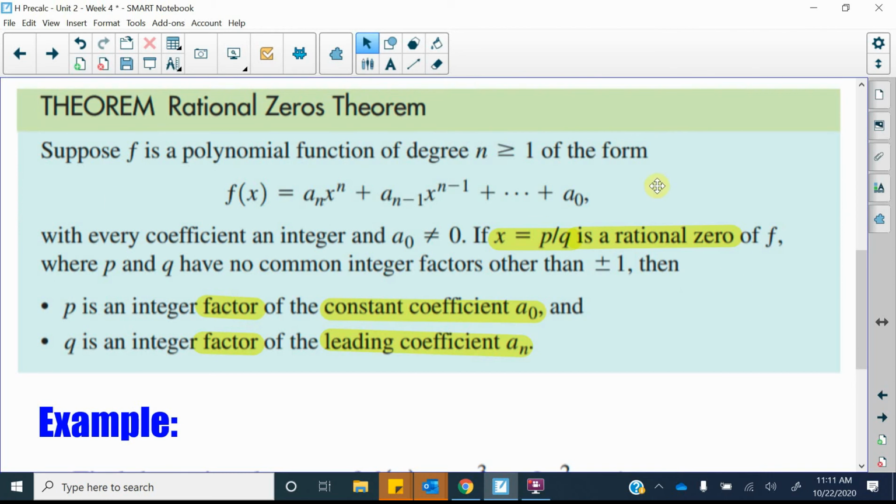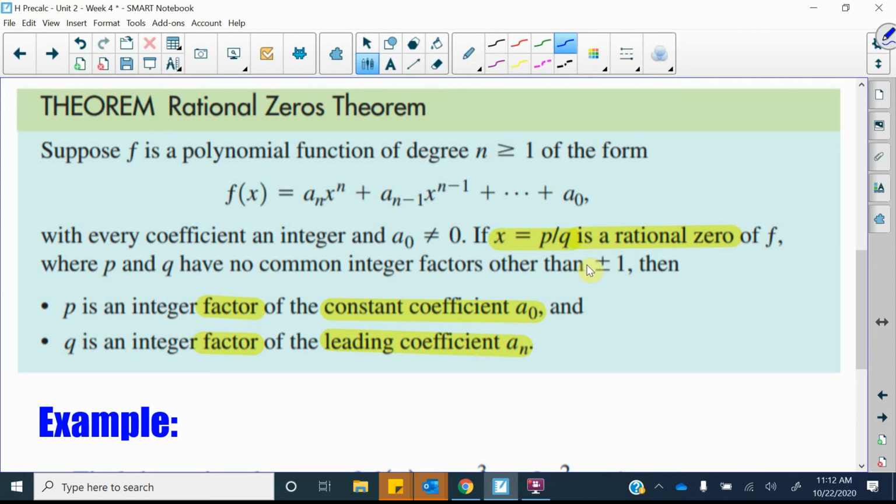Okay, but first, looking at your actual standard form, we are going to calculate two values, a p-value and a q-value. And then to figure out all your possible rational zeros, we're going to calculate all possible p's divided by q's. Sounds a little confusing to start, but let me give you a little example.